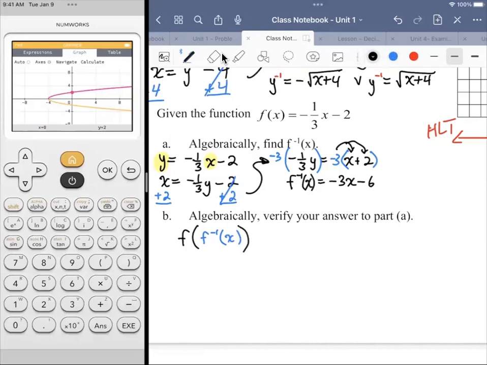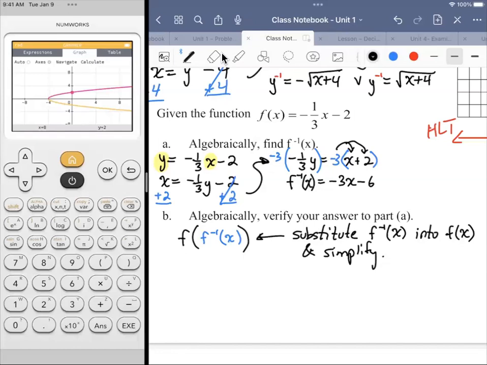All right. This notation tells me substitute the inverse of f into f of x and simplify. All right. Putting a function inside of another function.